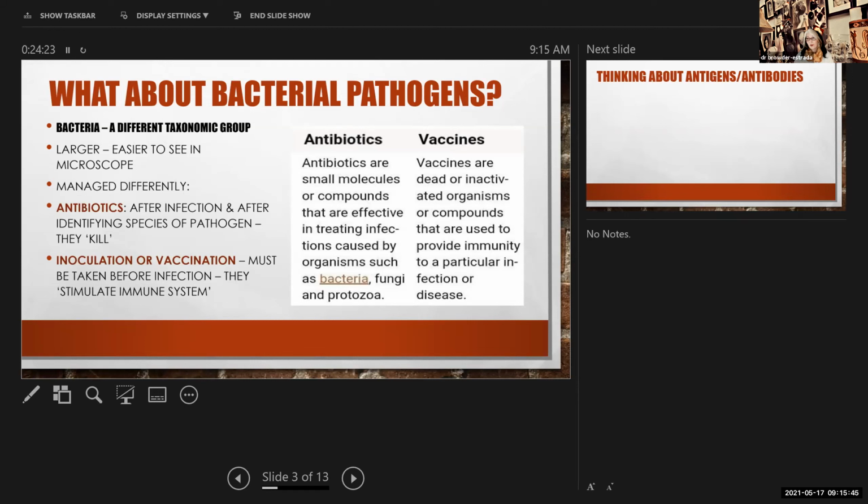Because if you've already been exposed, then they're already living inside you. And what we take for them doesn't kill them. What we do then is try to keep you alive. Vaccination doesn't kill those particles or those species, but antibiotics do. So they're molecules or compounds that treat infections by the species because they can kill them off, because those species aren't you.